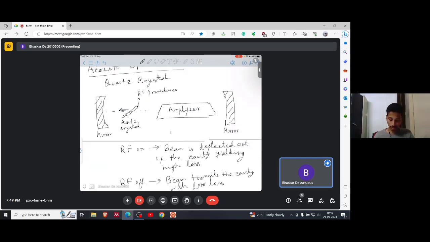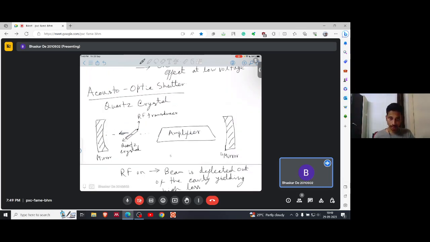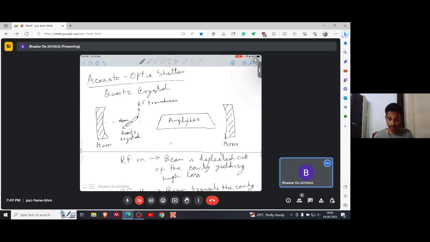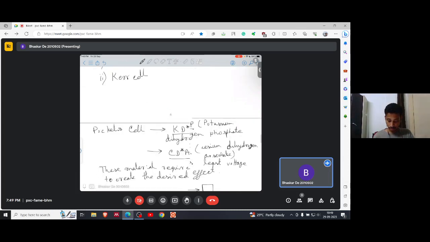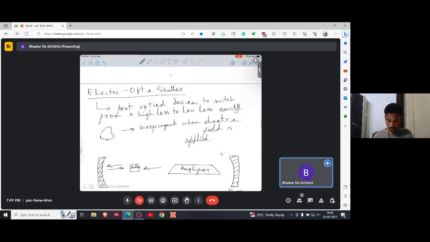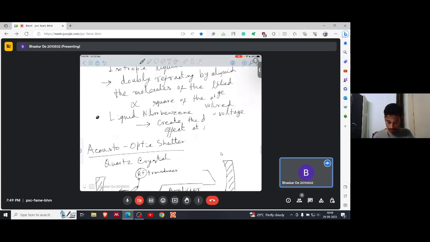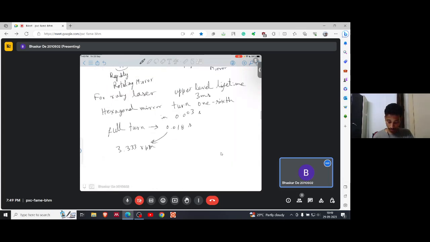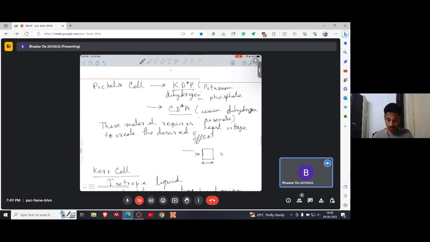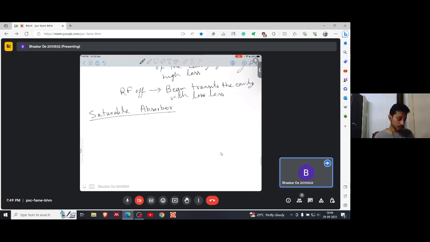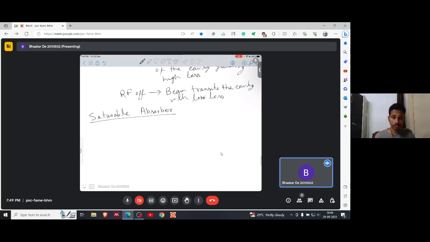Till now, all the things we have are directly controlled by some external thing: here we have a radio frequency, in these two cases we have an electric field, so basically an electro-optic shutter, then we have a mechanical driven mirror. But the saturable absorber is a passive Q switching element. This saturable absorber is also used for mode locking, but here I am talking about Q switching.